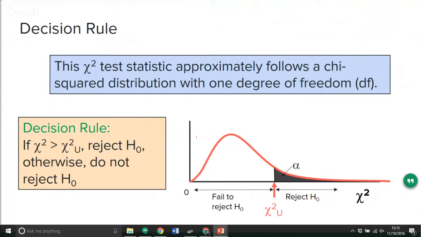And if our chi-square statistic was greater than 3.841, then we would reject the null hypothesis and support the alternate hypothesis. If it's less than 3.841, then we would fail to reject the null hypothesis and we would reject the alternate hypothesis.